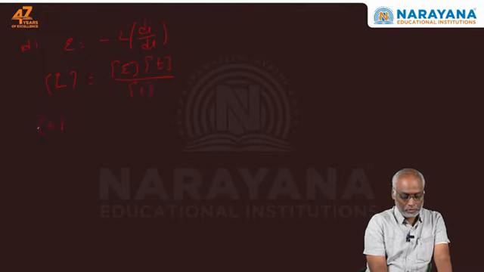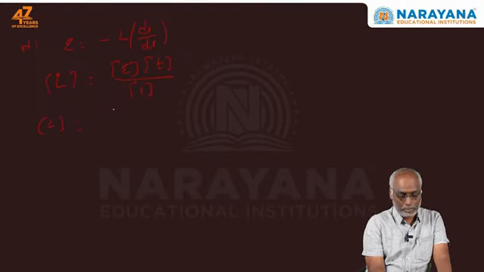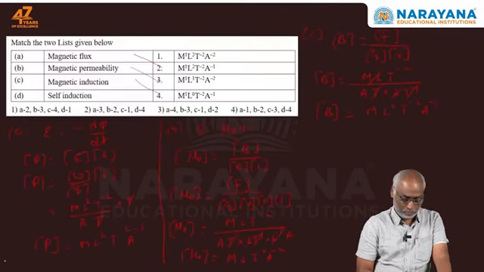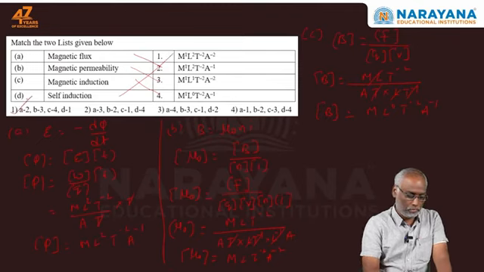EMF is work done by charge, charge is current into time, divided by current. Time and time will get cancelled. The dimensional formula for self induction is M L^2 T^-2 A^-2. So this is the option. Hence option 1 will be correct.